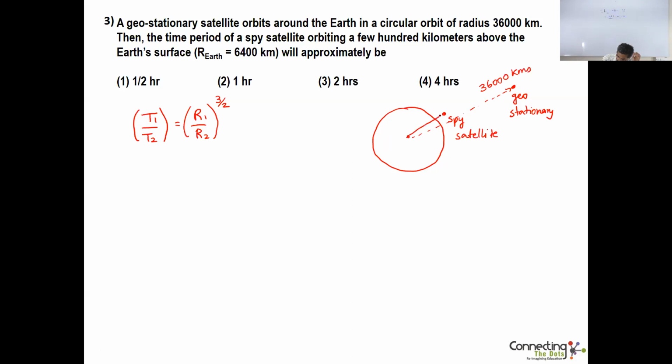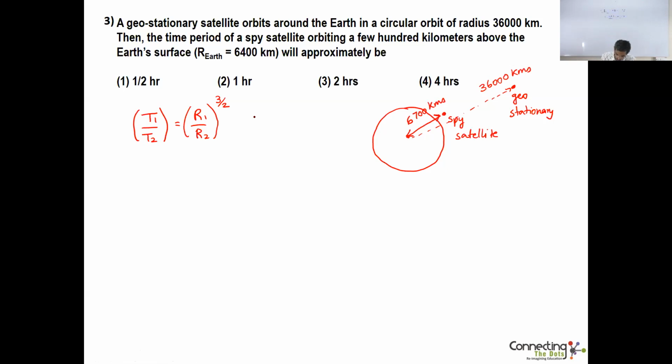And this distance is much lesser. So let us assume that the spy satellite is only about 300 kilometers above Earth's surface. So this becomes 6,700 kilometers. And let's use these numbers in our formula.